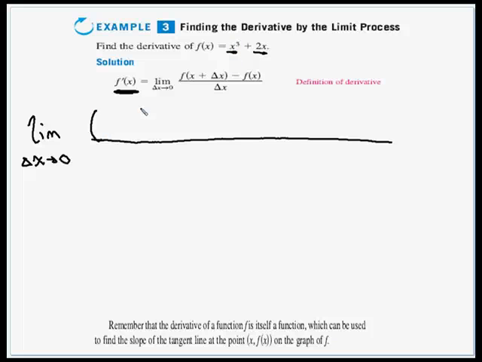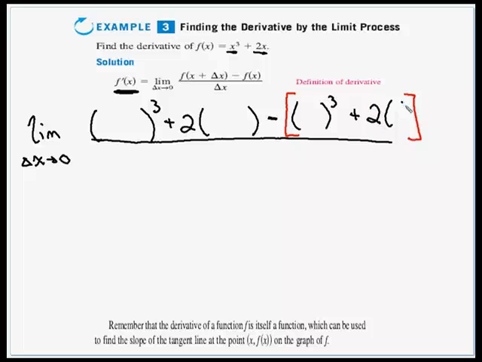We're going to have something in parentheses to the third plus 2 times something, and then we're going to subtract that same function again. Bracket this off. So we're going to have something to the third plus 2 times something, all over delta x.